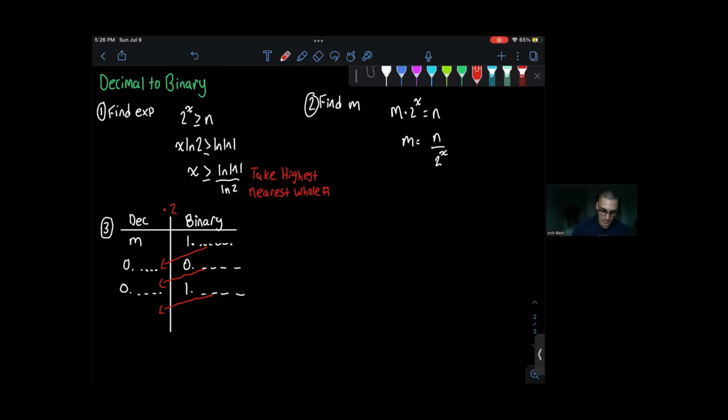And we keep doing this. Once we're finished, we're going to have a bunch of zeros and ones on our binary side, along with a bunch of trailing numbers. We are going to then ignore those trailing numbers and only take the zeros and the ones. That is going to be our binary number. We're going to do this until we fill in all of the bits.